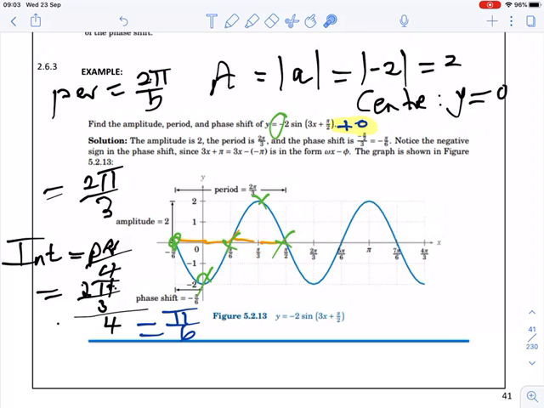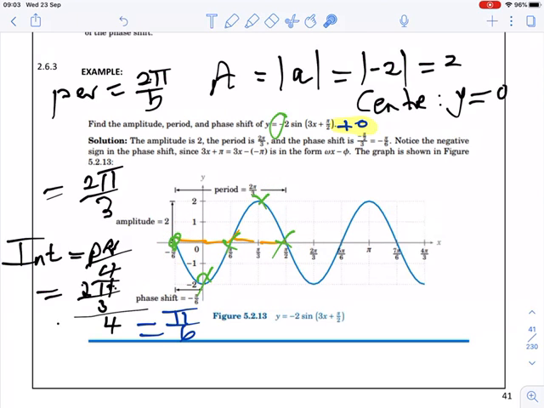Okay, so if we look at these 5 points, the butterfly, this was the sine graph, but now very important, there's a negative in front of the sine, telling us that we must now start at the center but go down first. So it will be center, bottom, center, top, center to make the 5 points.